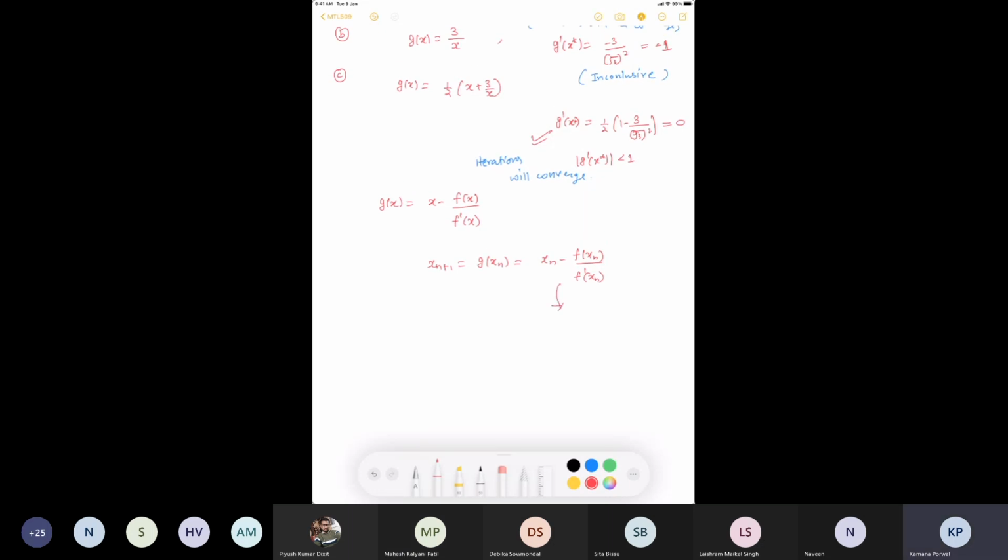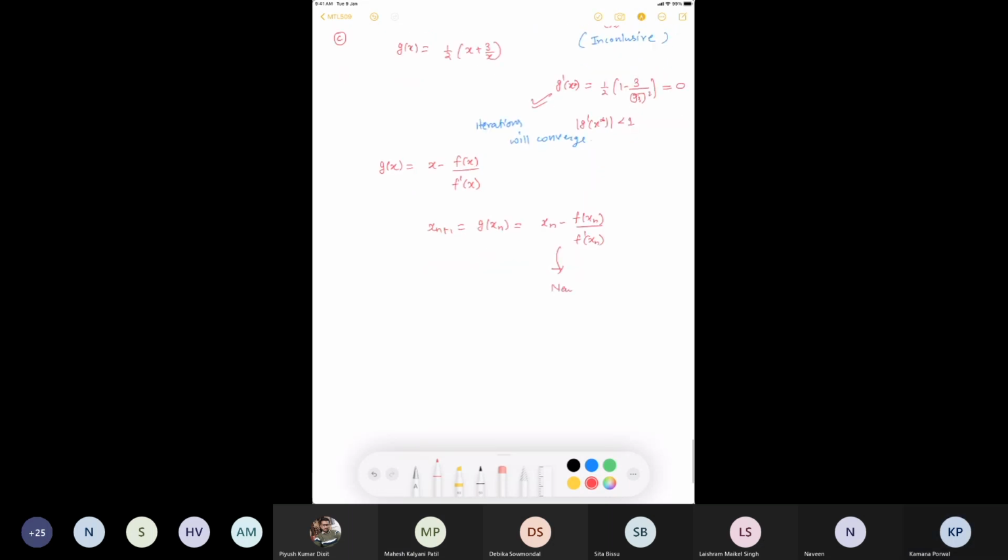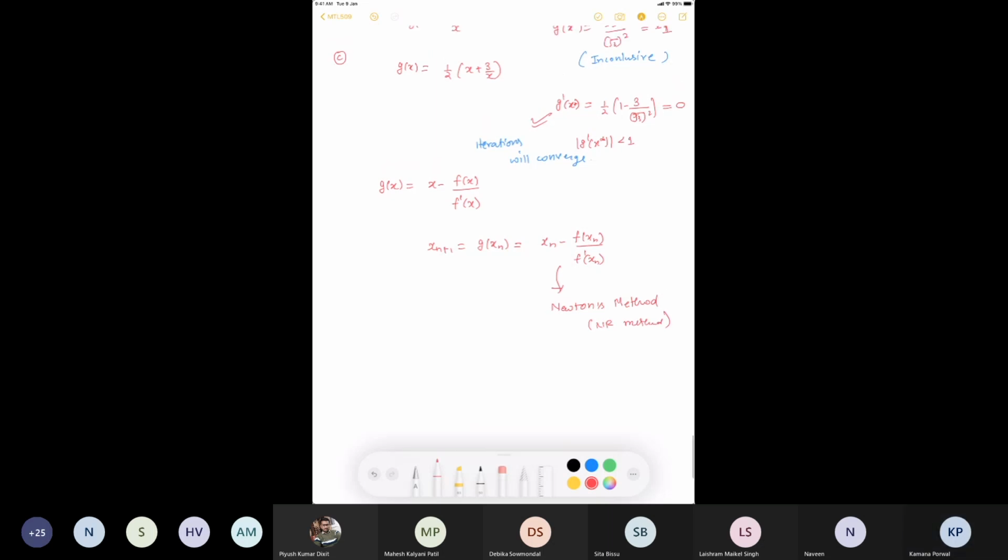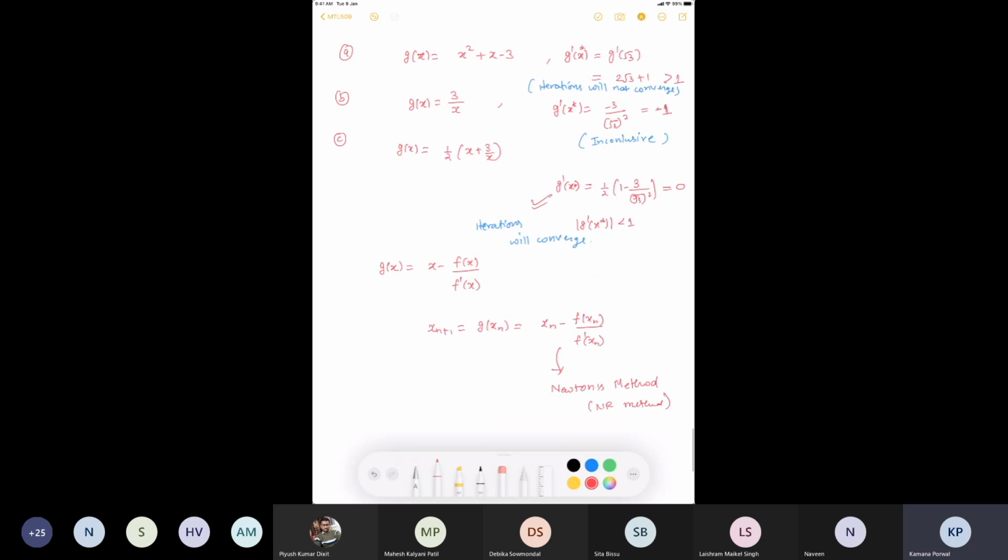So this choice of the g just gives rise to Newton's method, right? We also called it Newton-Raphson, meaning the NR method, right? But in Newton's method, we observed that the order of convergence is 2.